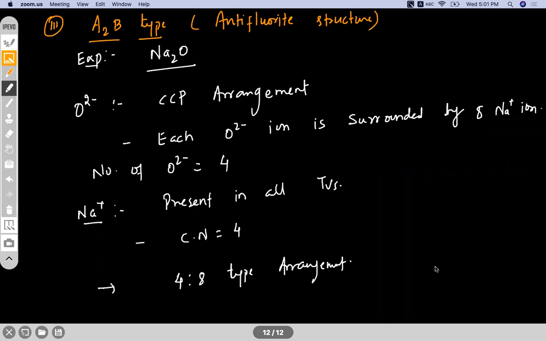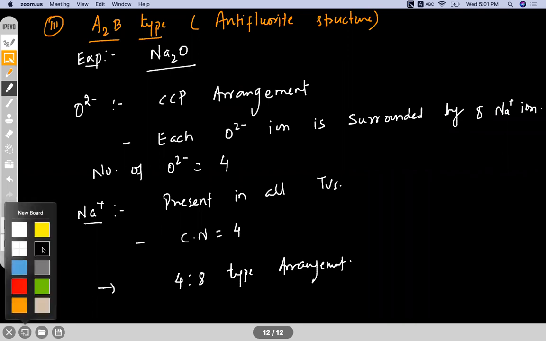Now, another type of structure we have is spinel structure, the fourth type.